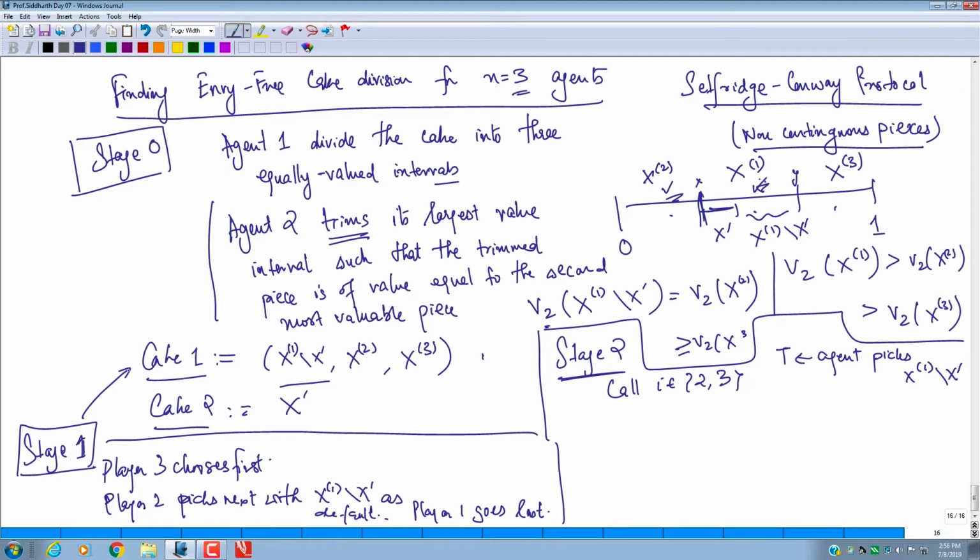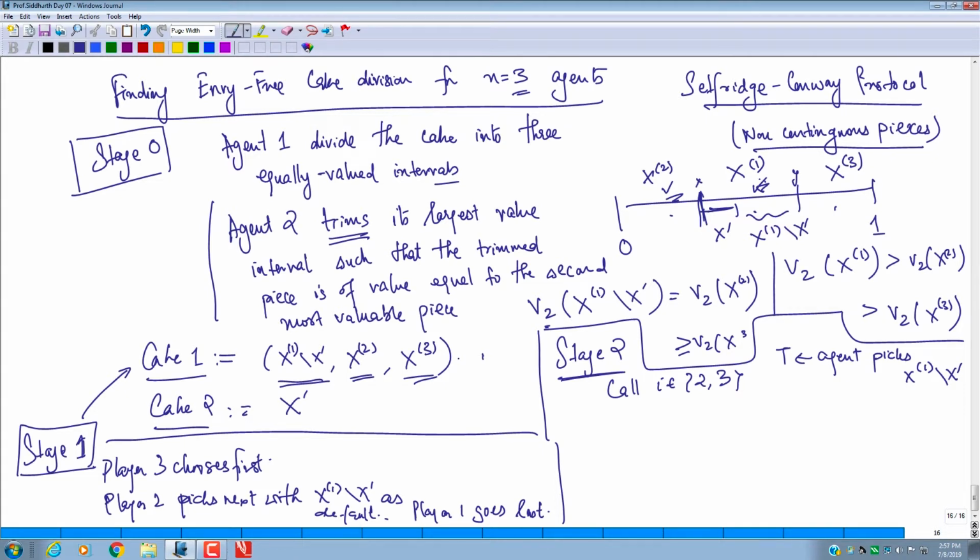Agent 3 walks in, and he has only three options. This partition has been made, so it's being forced upon agent 3. To be very specific, you call eval queries for all these three pieces in cake 1 and pick the one wherein eval returns the highest number.